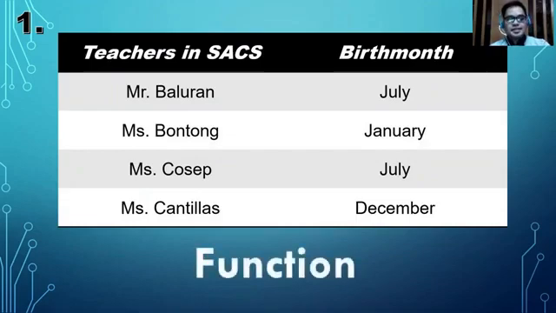Okay, this is a function. What makes this one a function? As you can see, in this group, the teachers represent the set of abscissas, and their birth months are considered as the set of ordinates. This is a function because no 2 ordered pairs have the same abscissas.